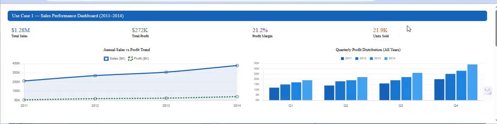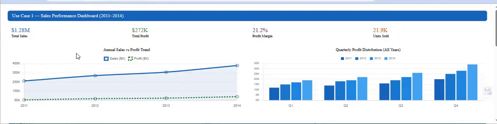And low volume with high margin, I'm repeating this, means each sale is very valuable. Now, I hope these four KPIs are clear to you.